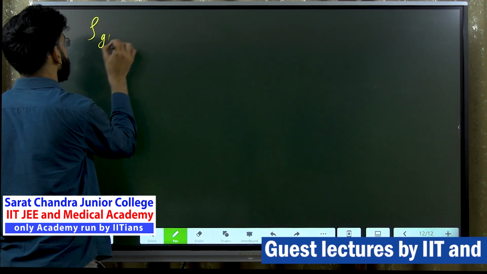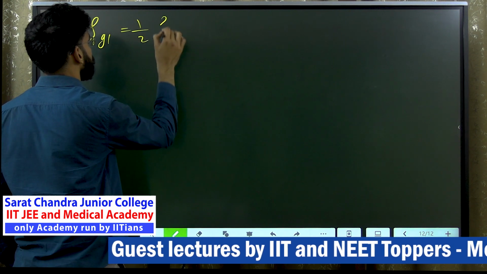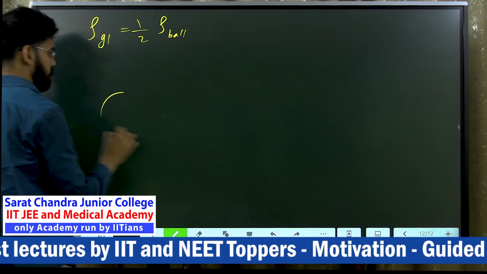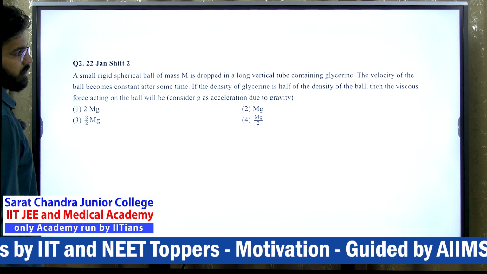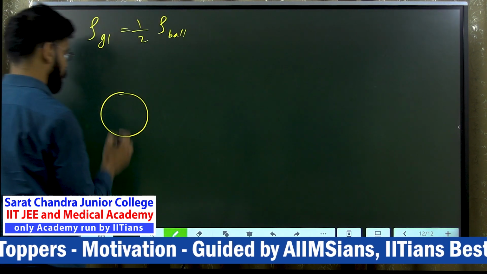Density of glycerine is half of the density of the ball. So what he is saying is basically how much is the amount of viscous force he is saying.